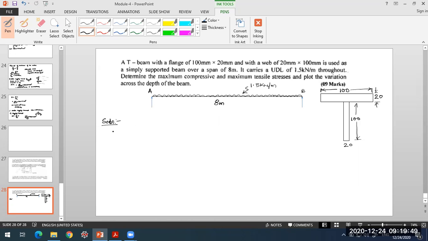So the maximum bending moment in the beam will be at the mid-span.